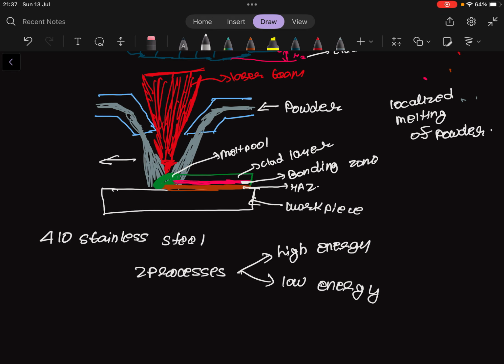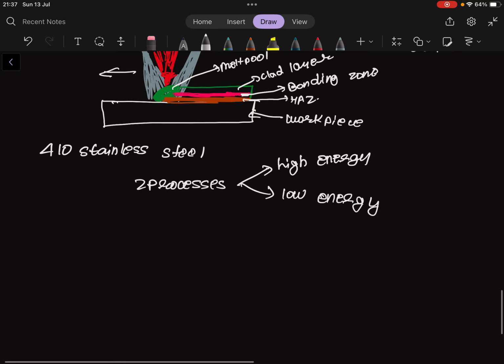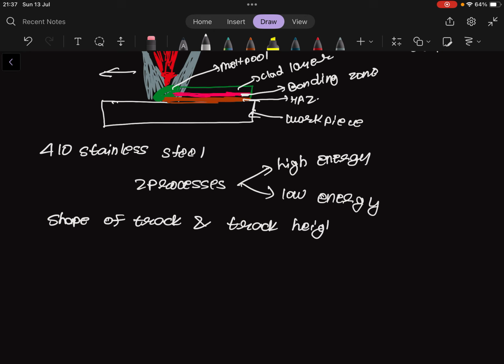But we notice that the shape of the track and the track height change according to the process, whether it's the low energy or the high energy process. With the low energy track, we have a more homogeneous coating dimension. Let me draw the diagram first for both processes.